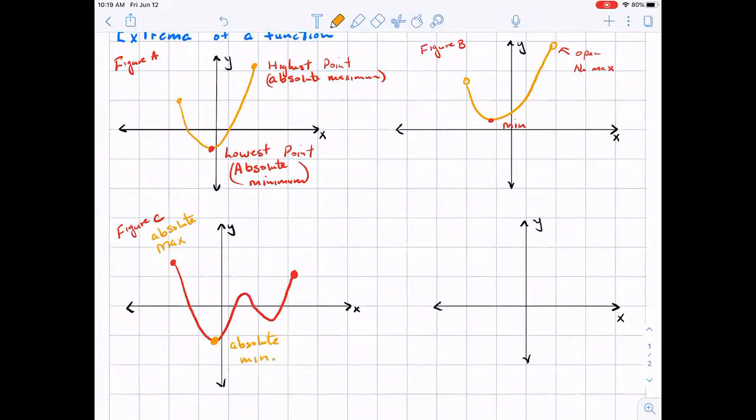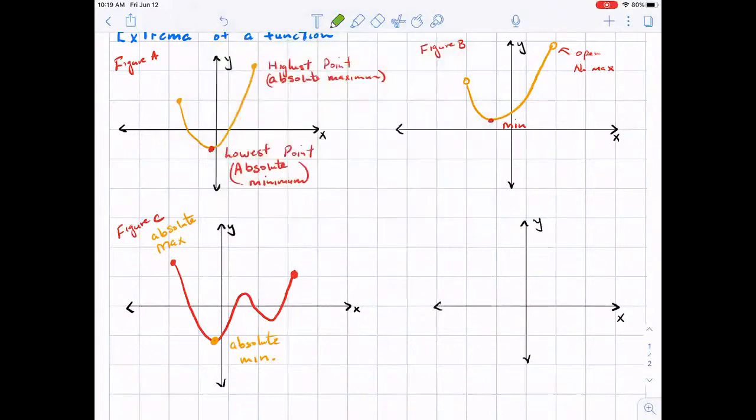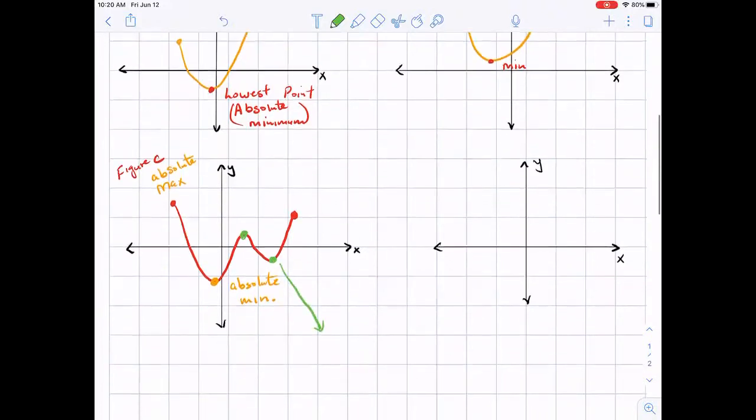Now there are some other points on this graph. There's a point here. There's a point here. This point here is known as a relative minimum.